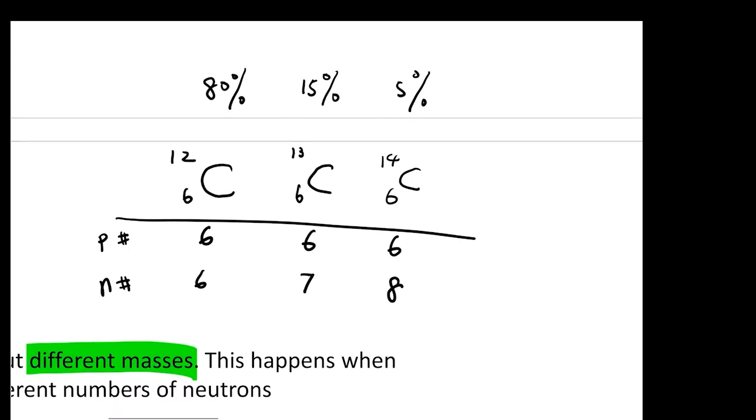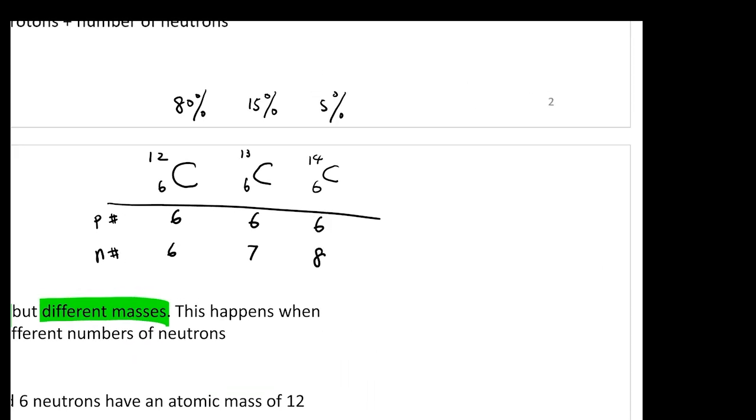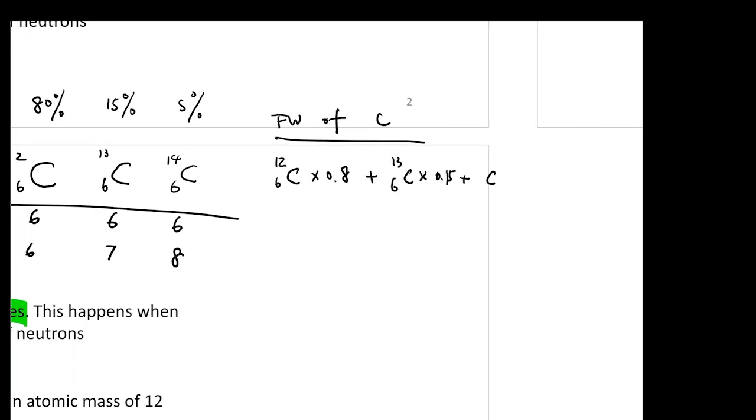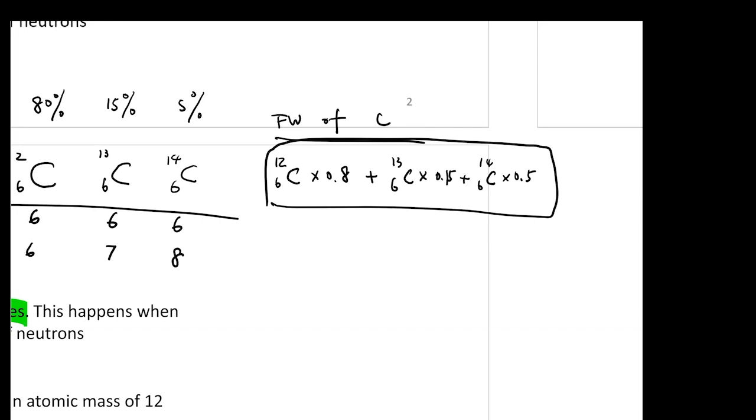To calculate the molecular weight or formula weight of carbon, you take the atomic mass of carbon-12 multiplied by 0.8, plus carbon-13 times 0.15, plus carbon-14 times 0.05. So this is ultimately how to calculate the atomic mass of atoms.